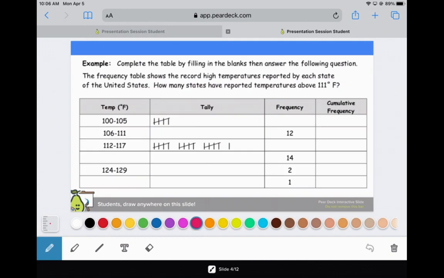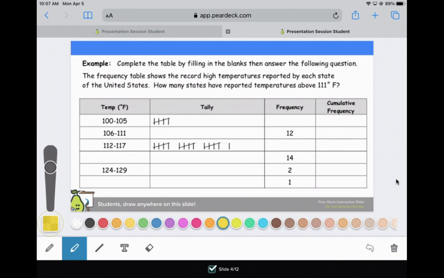All right, another thing is, if a frequency table is given to you, we're going to figure out how to fill in the missing information, which is not too bad, okay? Because if we understand how the frequency table works, we can fill in the information. So I'm going to highlight.